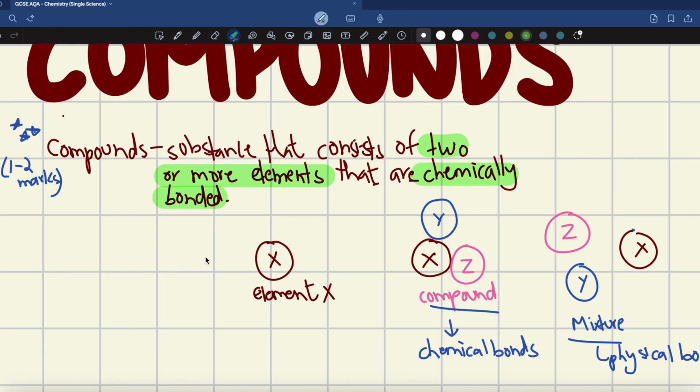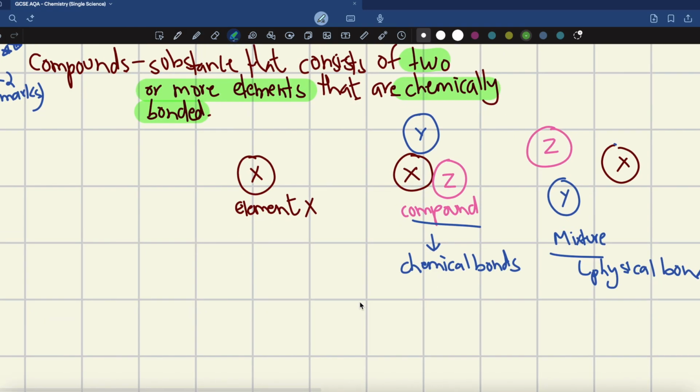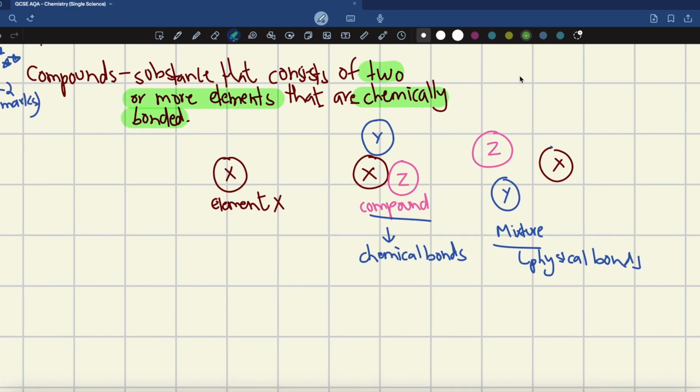So these are the 2 key terms that you need to give to the examiner. Let's try coming up with the chemical formula for this compound. We see that there's 1 element for element X, 1 for element Y, 1 for element Z. I can basically say that their chemical formula is going to look something like XYZ.